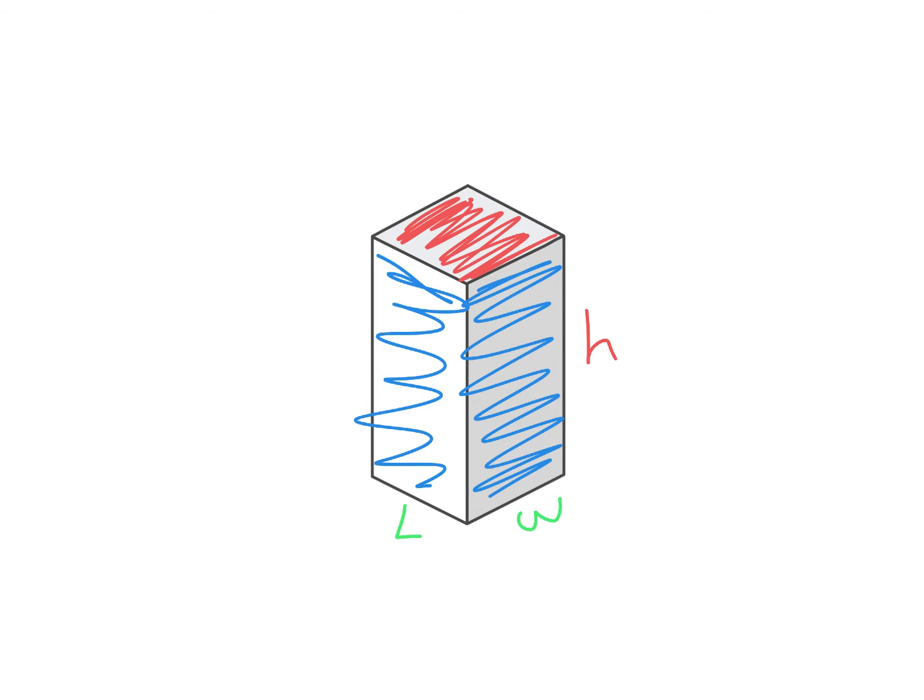Length times width times height. So your length and your width make up the base, and your height is the distance between the two bases. So we could say that volume is equal to length times width times height of this rectangular prism.